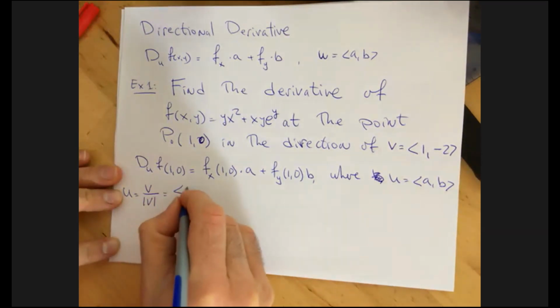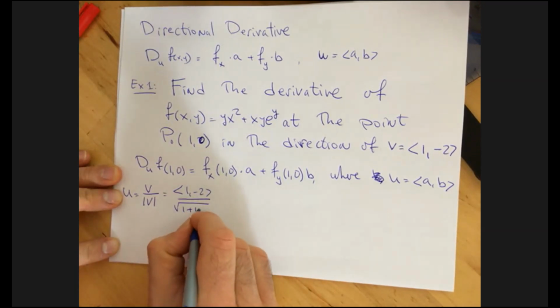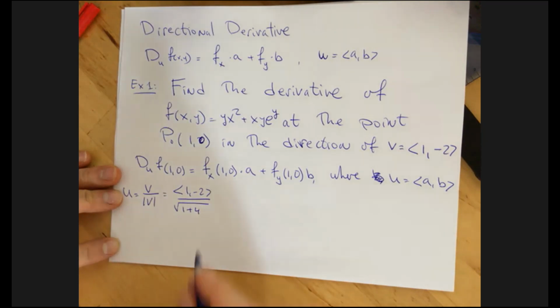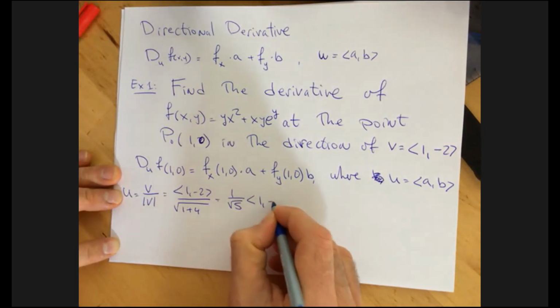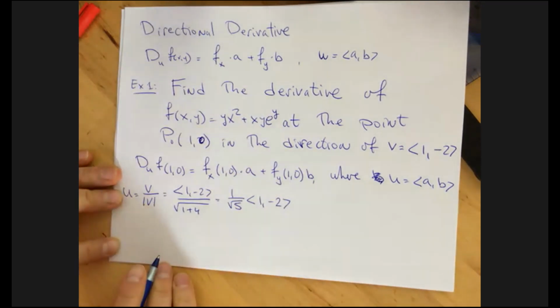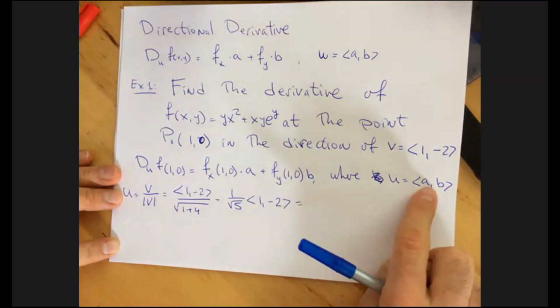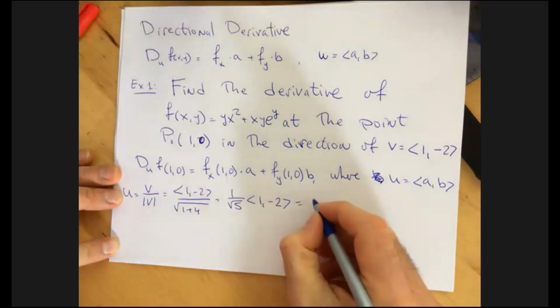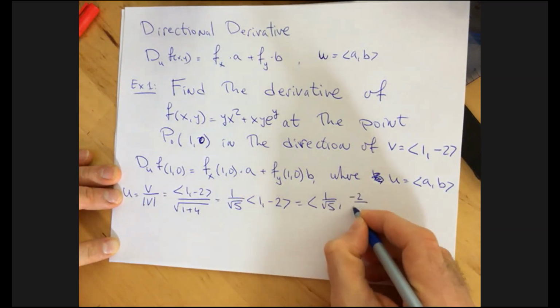So that's (1, negative 2) over the square root of 1 plus negative 2 squared, which is 4, which is 1 over square root of 5 times (1, negative 2). Or because I'm going to use the components a and b, I can write this as 1 over square root of 5 and negative 2 over square root of 5.